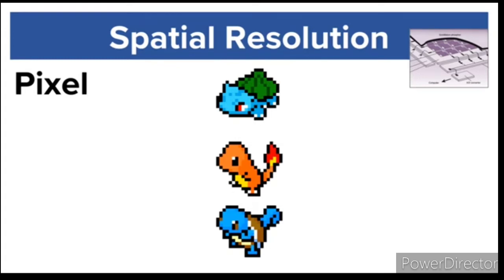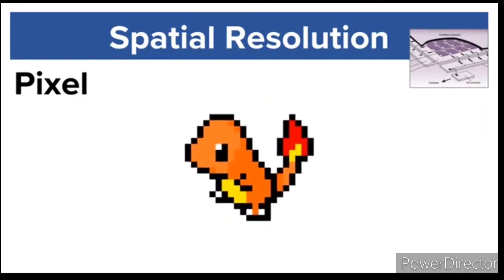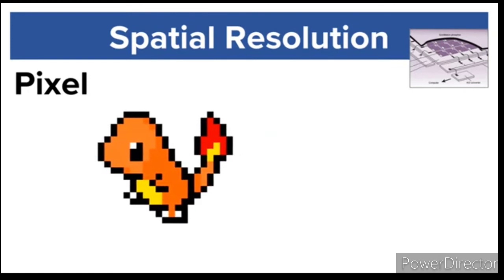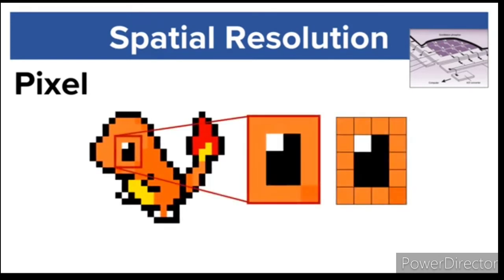A pixel is the smallest unit of a digital image. Let's take a look at Charmander here. As we zoom into Charmander and zoom even closer to his eye, we can see that his eye is made up of individual pixels.